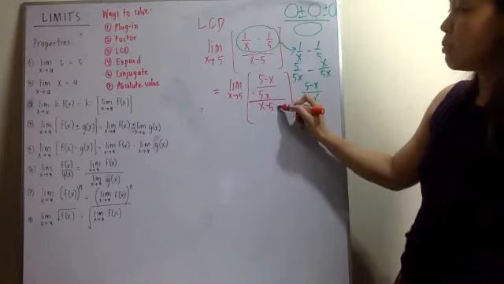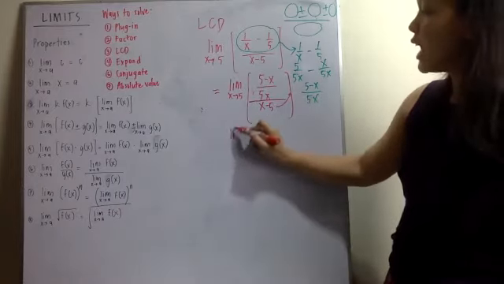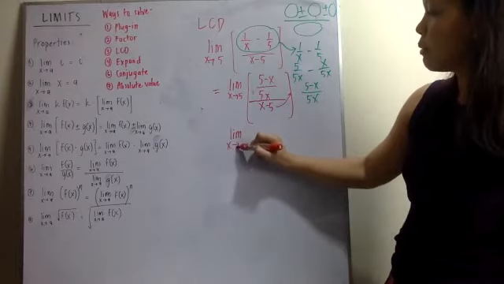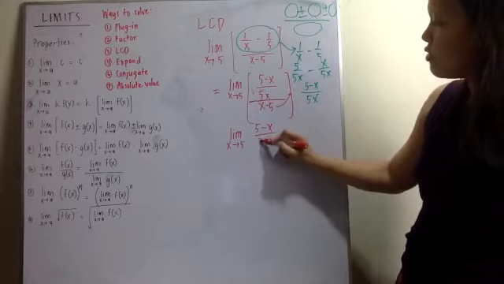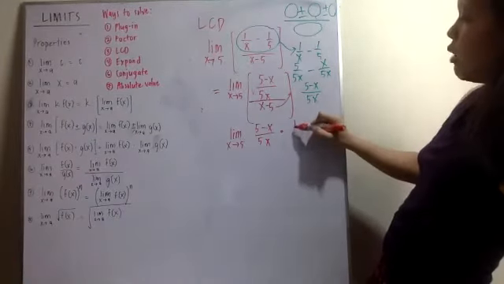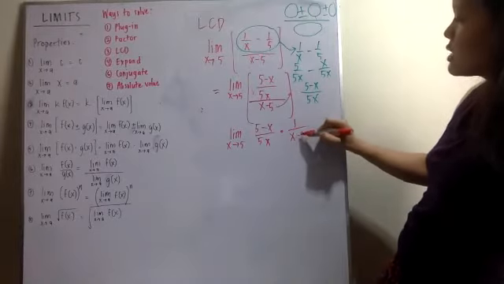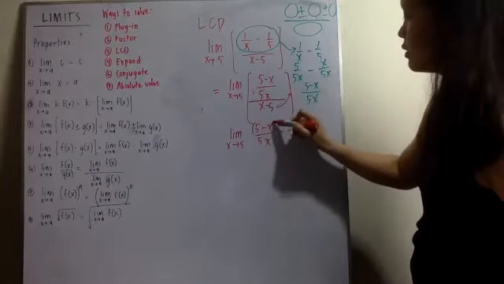Kunin mo lang yung reciprocal niya. Tama? Para maging multiplication. So we can rewrite this limit as x approaches 5 of 5 minus x over 5x times reciprocal nung nasa baba, 1 over x minus 5. Correct? Okay, so meron tayong ganito.